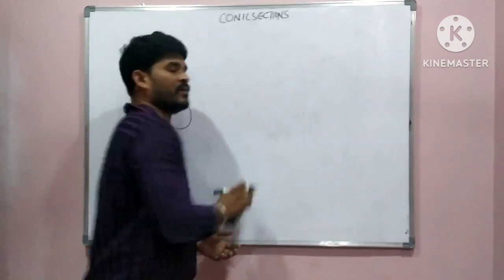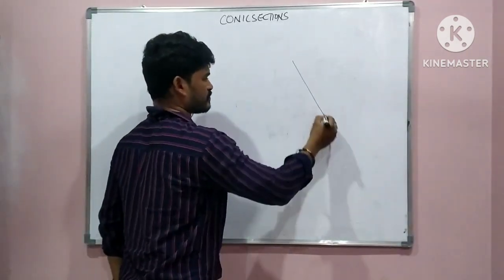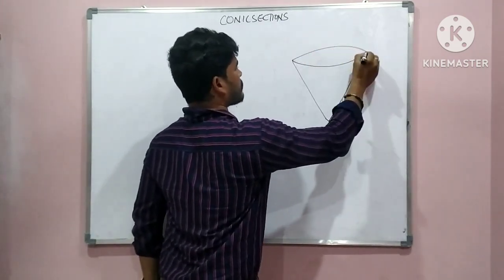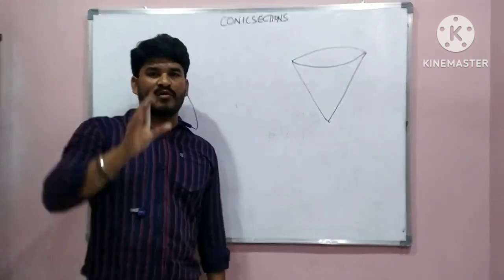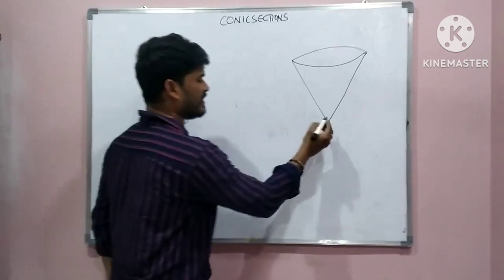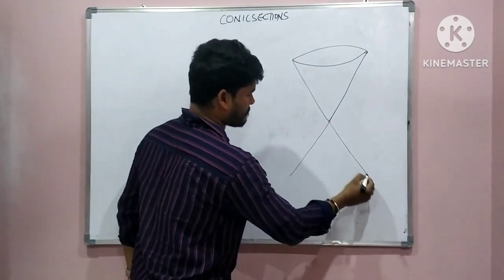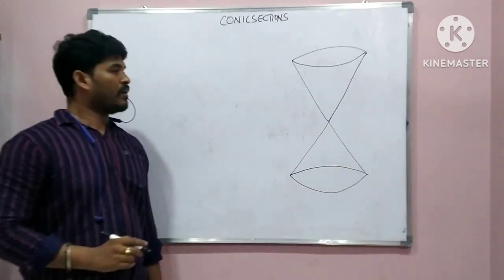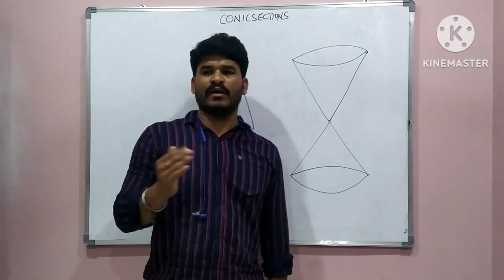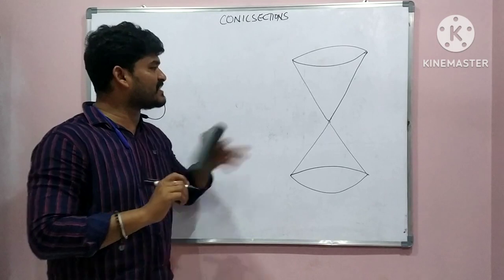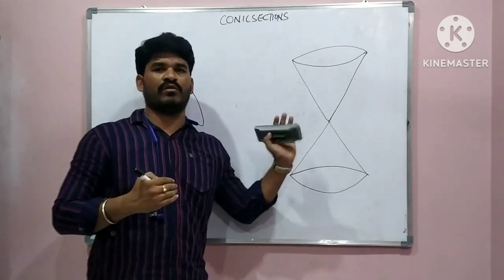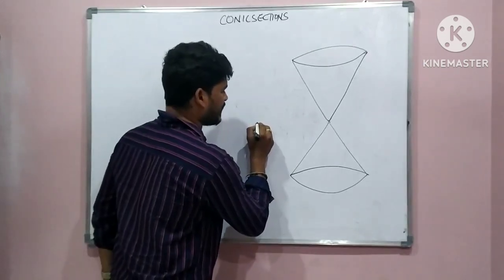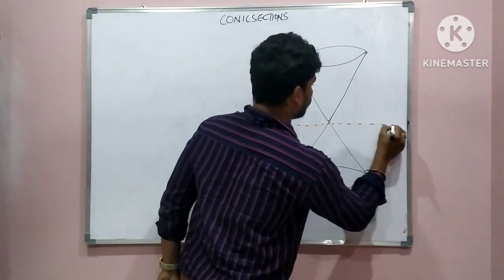For example, we take one cone, and we take one more cone and join them reciprocally. Now we take a sharp plane and cut this cone at different angles, like horizontally.